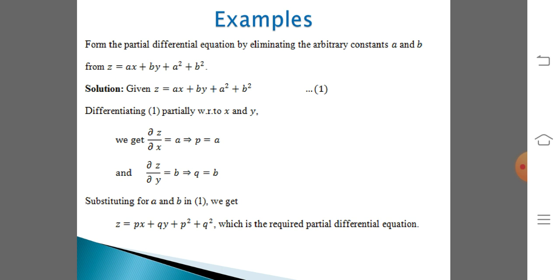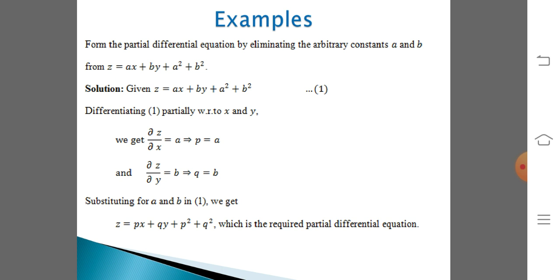We get dou z by dou x equal to, in the first term ax, a is constant and the derivative of x is 1, so you get a, plus the remaining terms on the right hand side of equation 1 do not contain any x in it, so the derivative of all the remaining terms becomes 0. So therefore we get dou z by dou x equal to a, dou z by dou x can be denoted by p, so we get p equal to a.